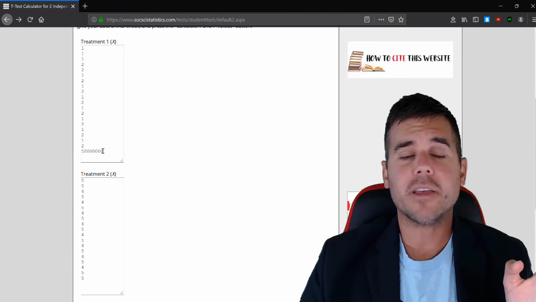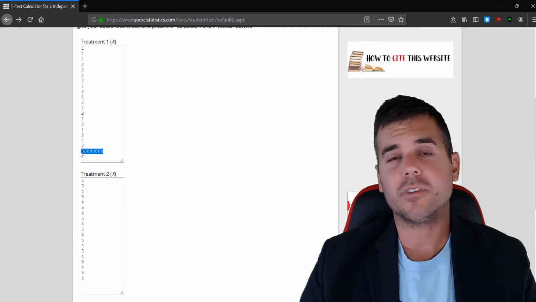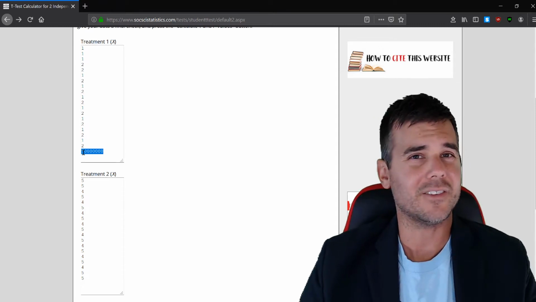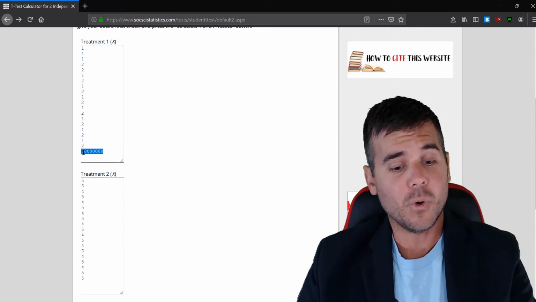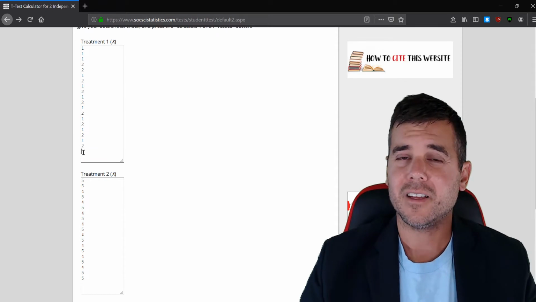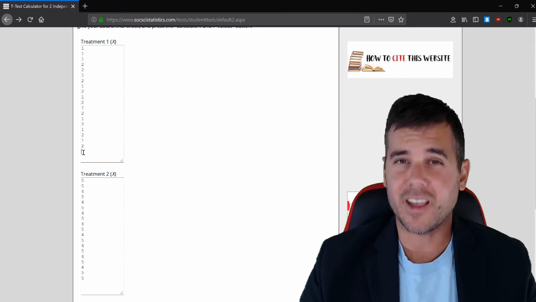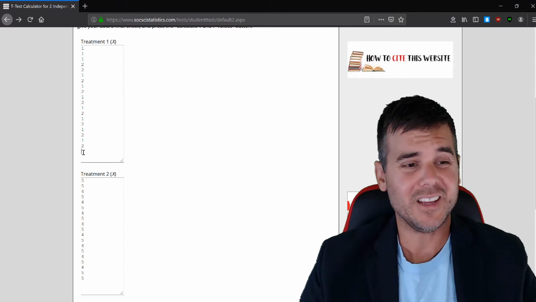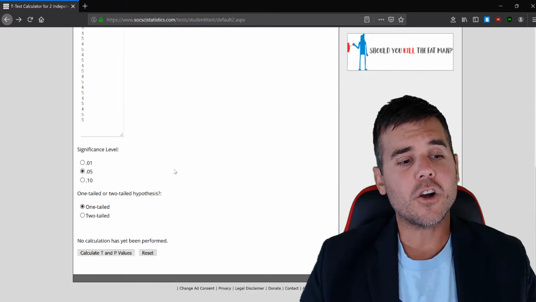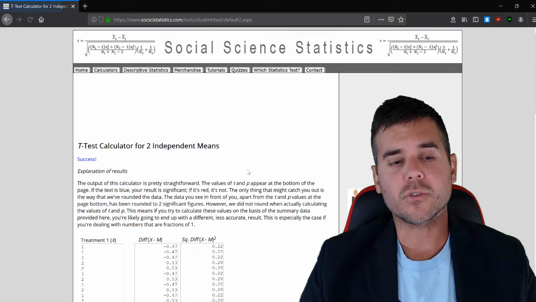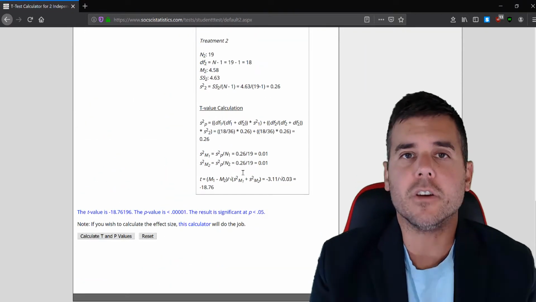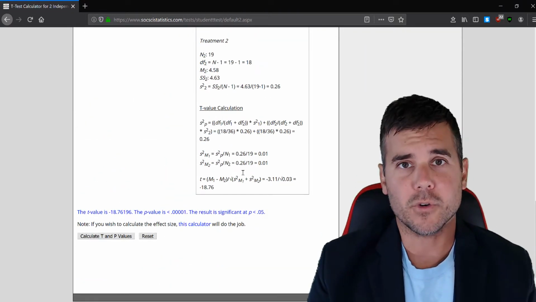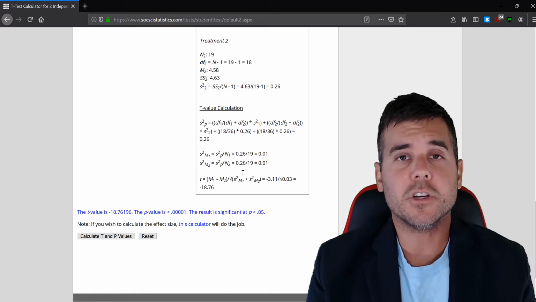Either I messed up entering this score, or this person completely messed up entering their data. That one score needs to be eliminated because it doesn't make sense for this data set. Something was really off there. Probably I just entered it incorrectly. Then I go back and run my test and see what the score really was. So you always have to look at your data, compare the groups, and then you make some conclusions.